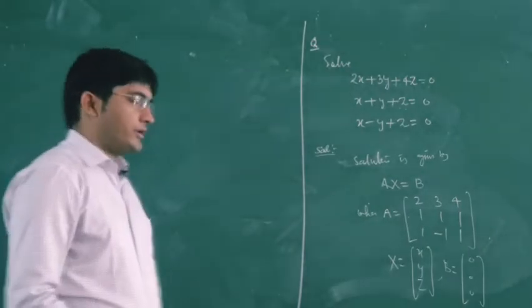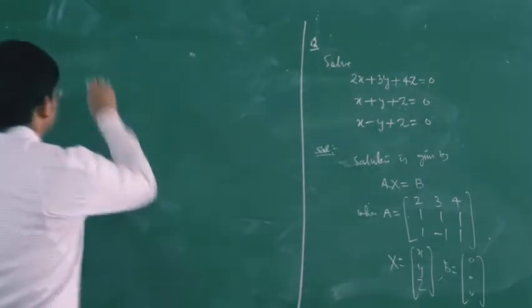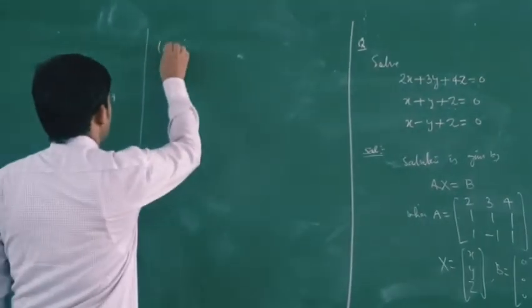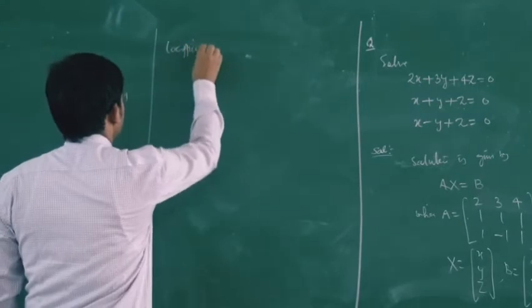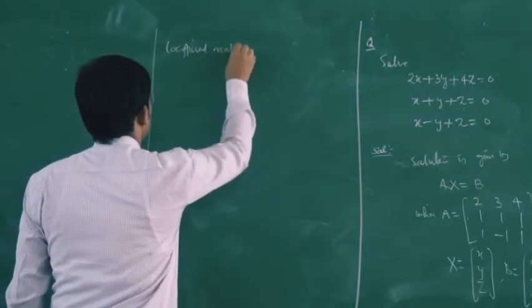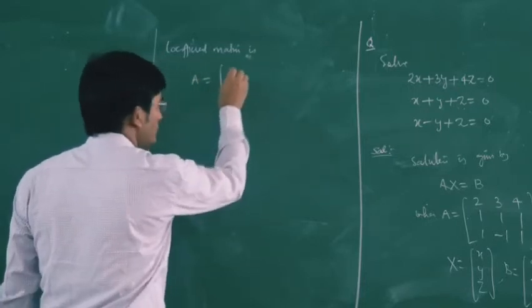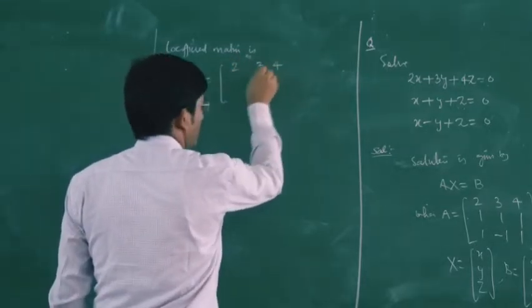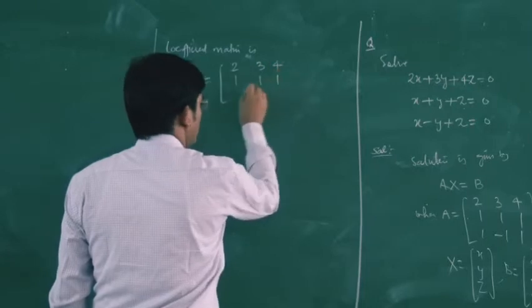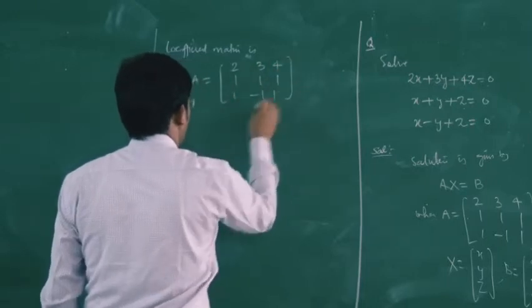Let us find out the rank of the coefficient matrix. So your coefficient matrix is A equal to [2, 3, 4; 1, 1, 1; 1, -1, 1].